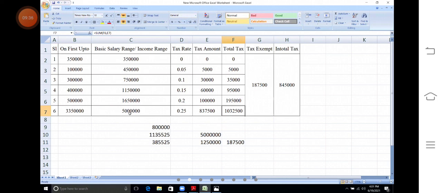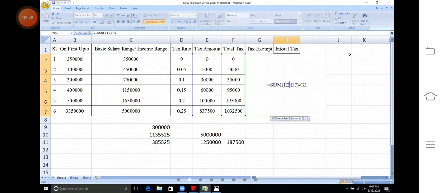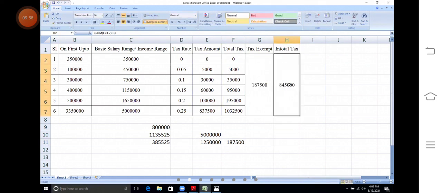Maybe I will give you 7,50,000. So if you click this cell, then you will face a problem. That's why I am using the summation of all tax amount minus the tax exempt. That is my right taxable amount. Okay, now it is clear.